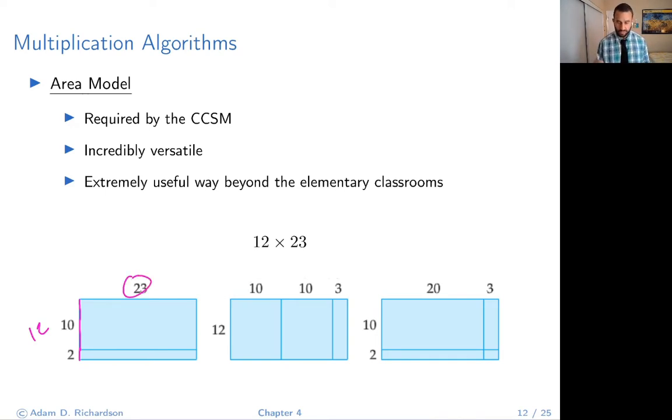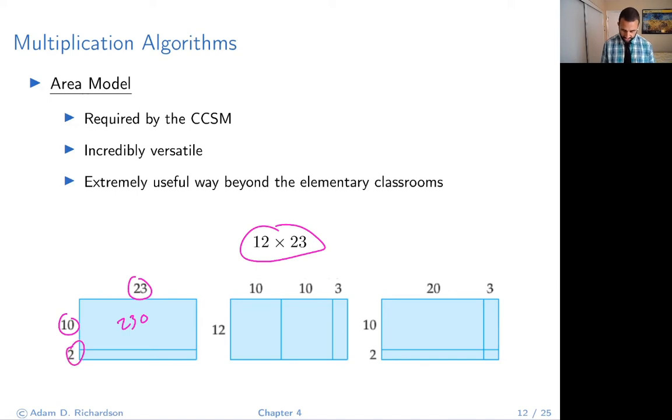And what you do here is you basically just do the multiplications, but you can do them for each little block you've got. So let's see. Maybe doing 12 times 23 is too hard. I know it's too hard for me, right? But you can break it up into something easier. What is 23 times 10? 230, right? So that area is 230. The area of that little rectangle there is 230.